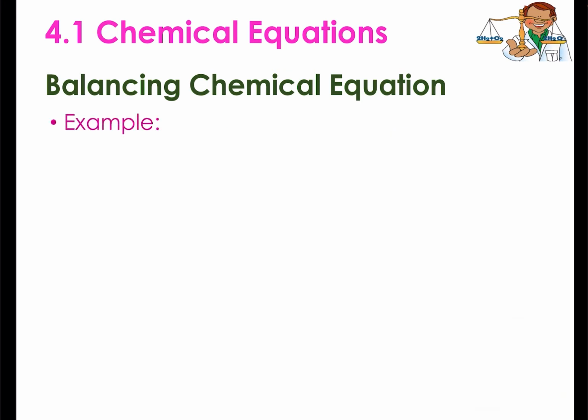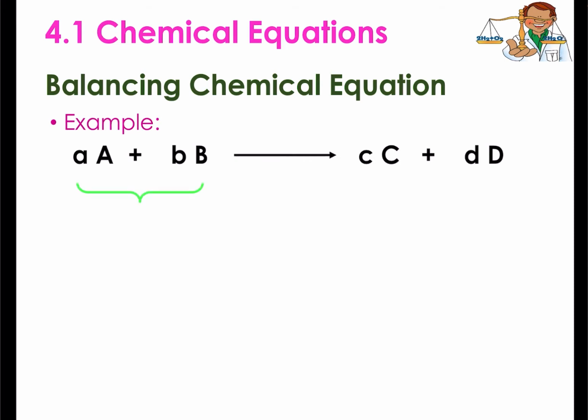In general, I can use one example, such as this one, where I got my reactant A and reactant B in capital letter to produce product C and product D in capital letter. So on my left is my reactants and on my right is my products.